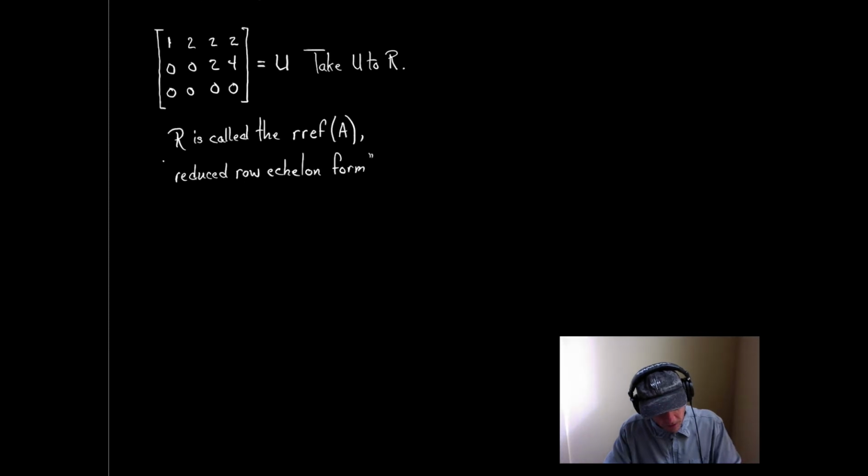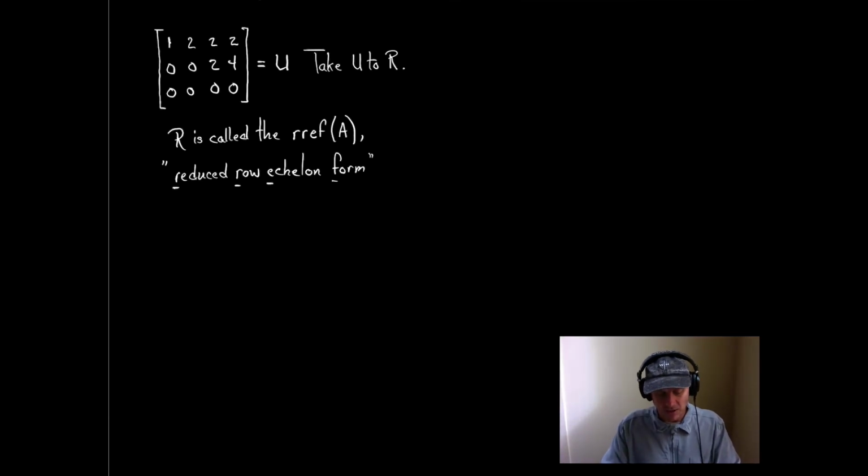Okay, that's what RREF stands for. Now you can see why there's an RREF. The reason for RREF is some calculators have that as a function that they can do. They can find RREF rather quickly.